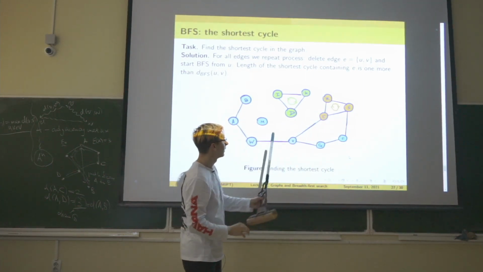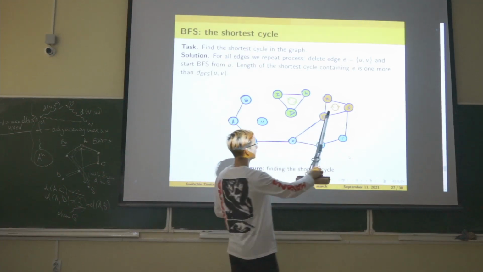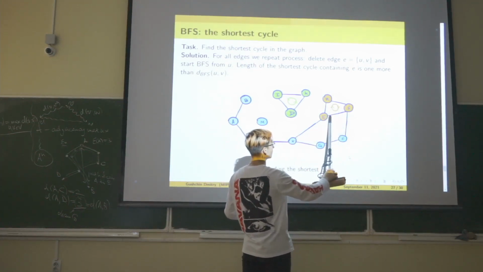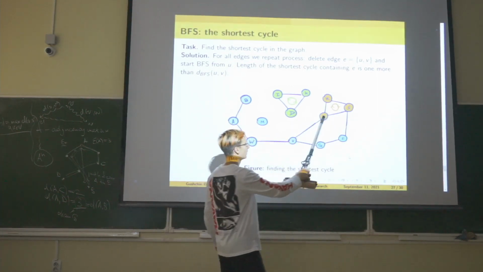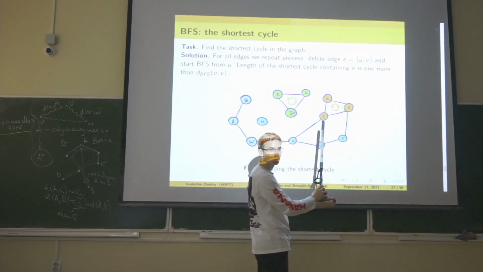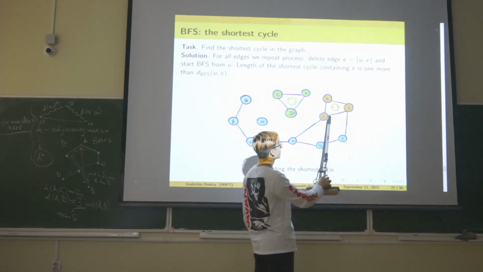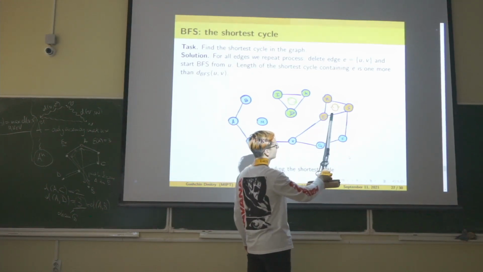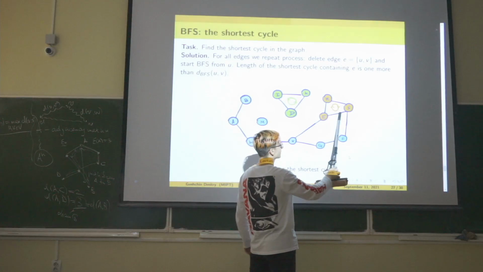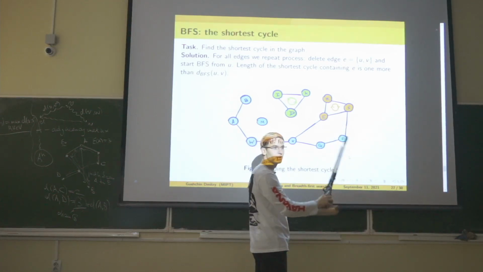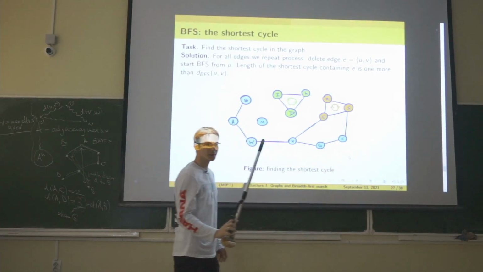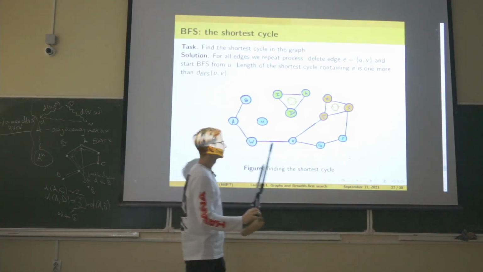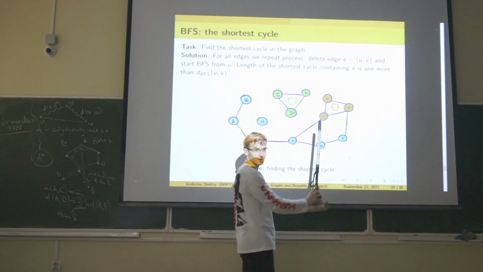And of course, if we drop an edge and find the distance between its endpoints, we can say that the shortest cycle that contains this edge is one more than the shortest distance between these vertices in the graph that we get when we drop this edge.